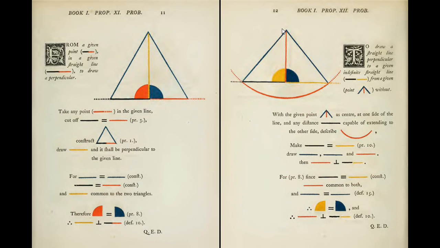So if we take this as a center point and extend to some distance beyond the given line, let's say here, and then describe a circle, that circle will, by necessity, cross the line at 2 points.